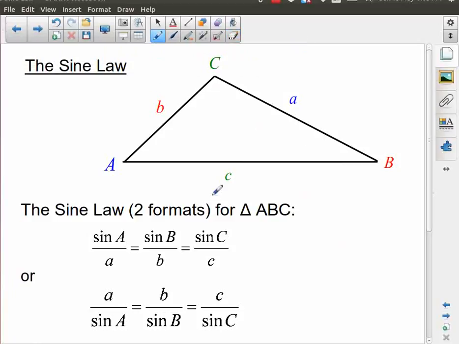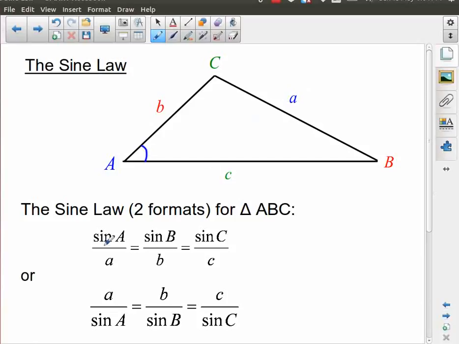But for now, you're just going to have to take what I'm saying, which is that the sine law comes in two different formats. And what the sine law does is it relates the angle in each vertex. So in this case, it relates the sine of the angle in this vertex A to the length of the side opposite, which is small letter a.